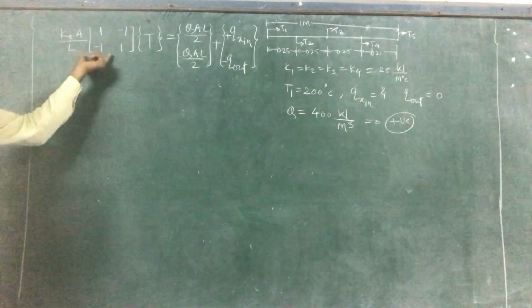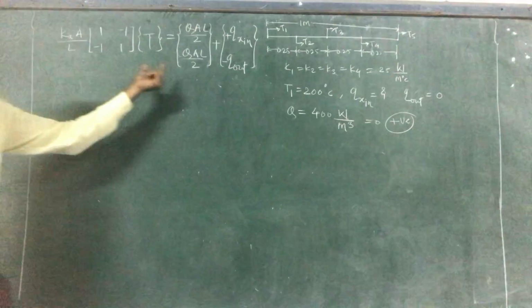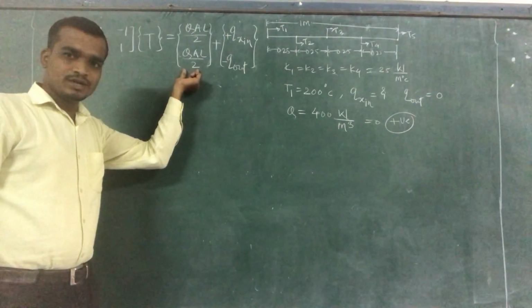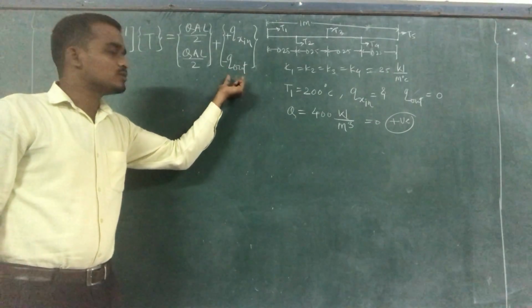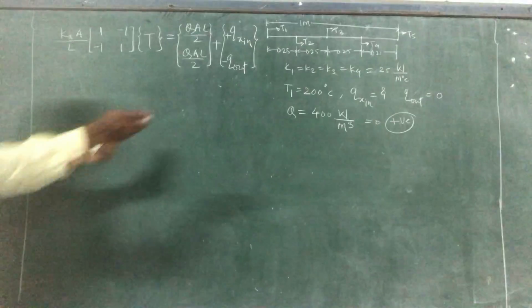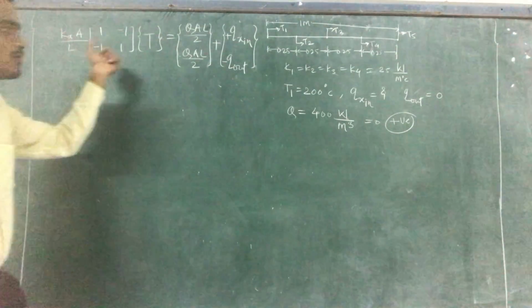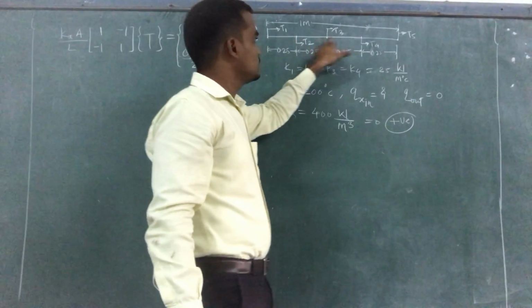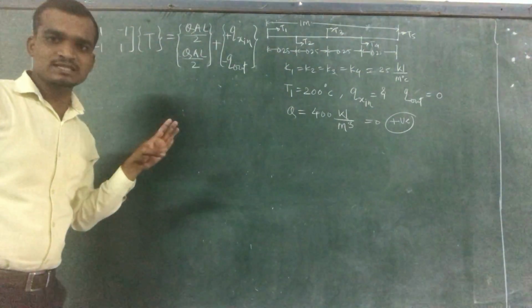Here this is nothing but your element conductive stiffness matrix. This is your load vector due to heat generation rate, and this is your load vector or boundary condition due to the heat conduction rate. So here first we will find out the elemental conductive stiffness matrix for each element. There are 1, 2, 3, 4 elements, so we need to find out 4 elemental conductive stiffness matrices.